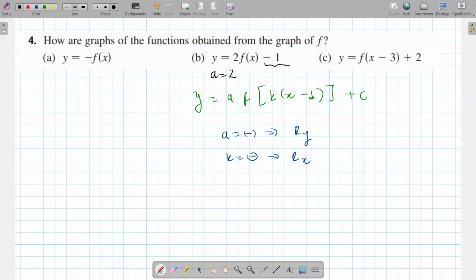What about this minus 1? Is that C or D? It's C. It's outside of the f of x, right? Anything outside, it's going to be vertical transformations. So the 2 is a vertical stretch by a factor of 2. What about the minus 1? Does it move it left, right, or up or down?